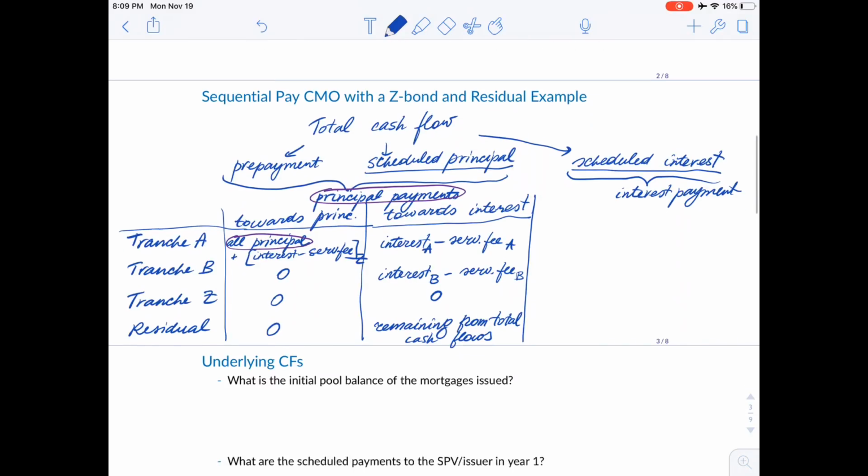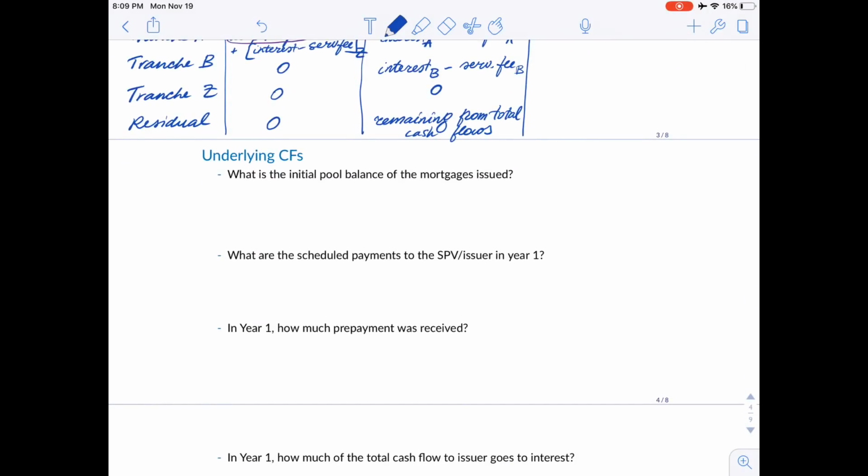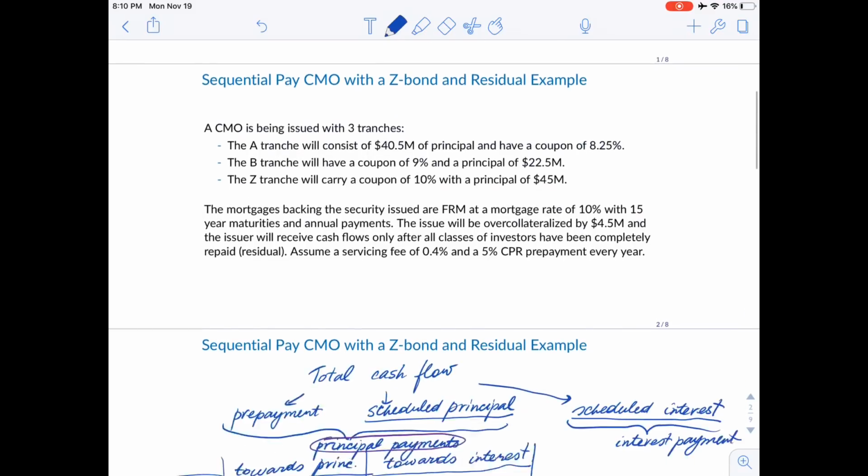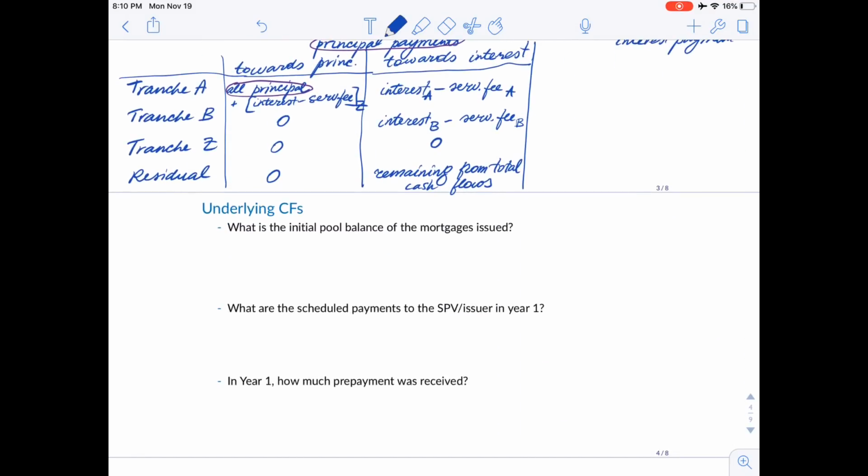All right, so let's dive into the problem. So first question is, what is the initial pool balance of the mortgages issued? So we know how much is issued on each tranche. So we can compute how much is the total pool balance. So here we have on tranche A, 40.5, 22.5, 45.